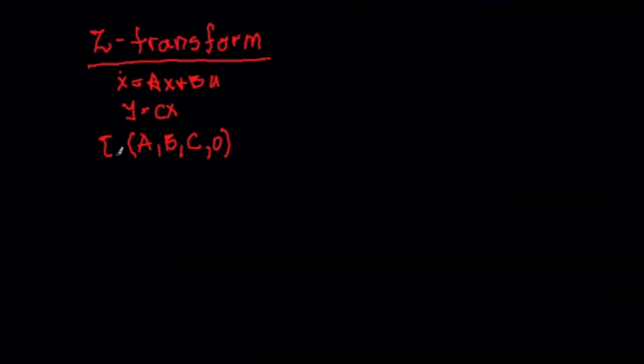Namely, if we just recall the continuous system, the representation x dot equals A of x plus B of u, y equals C of x, let's assume that the D matrix is 0, which is given with the set of matrices A, B, C, 0, and represents the continuous state representation.